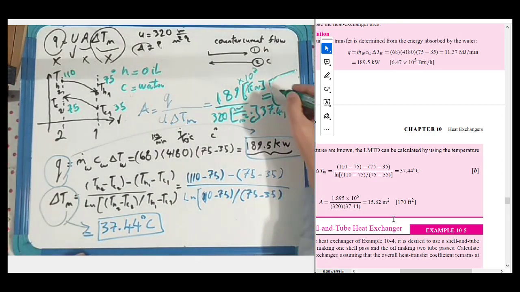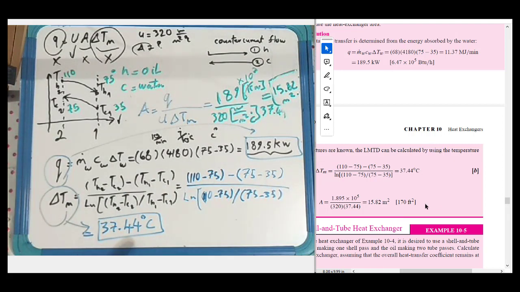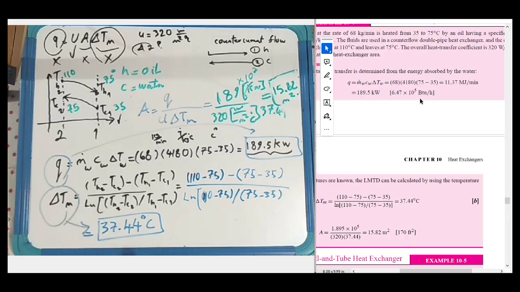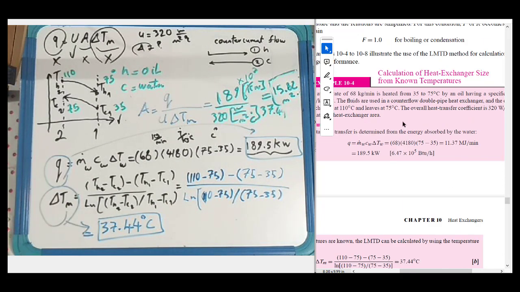Our answer is 15.82 meters square, as you can see in this example, and delta Tm is 37.44 here, and Q would be 189.5 kilowatts. Everything is great.